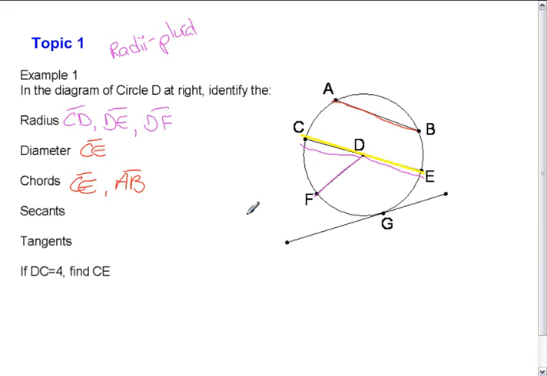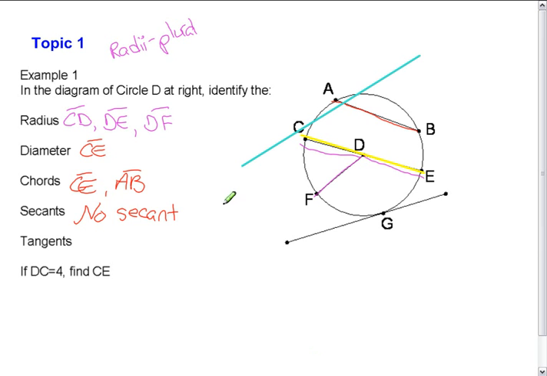Secant: the definition of a secant is that it goes through 2 points of a circle and then goes out to the exterior, and we do not see any secants here. If I draw one in so you can see what it looks like, a secant goes through 2 points and then continues on. So we don't have any secants.